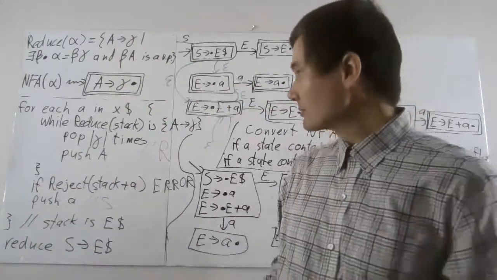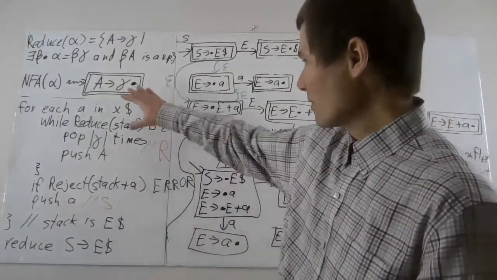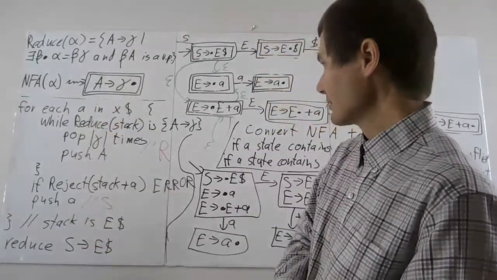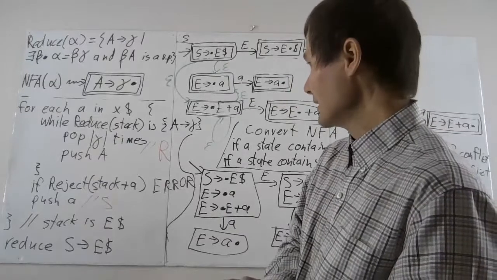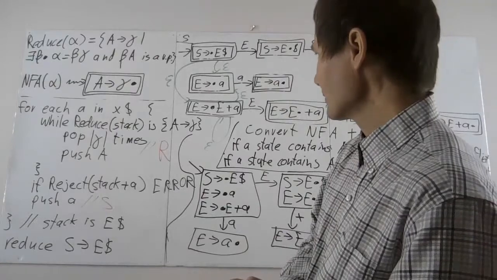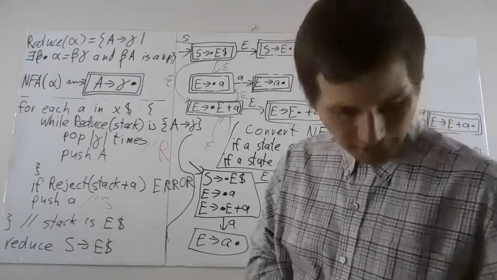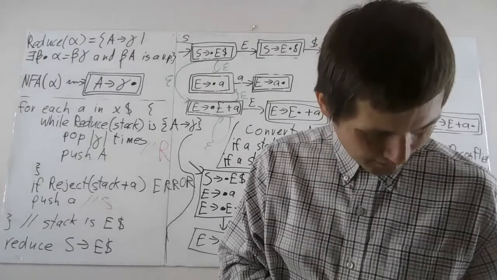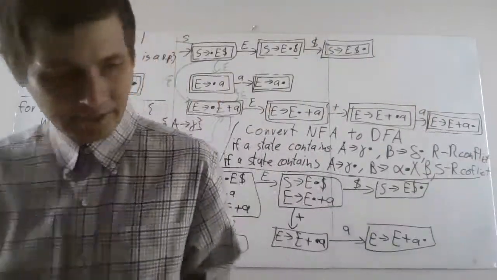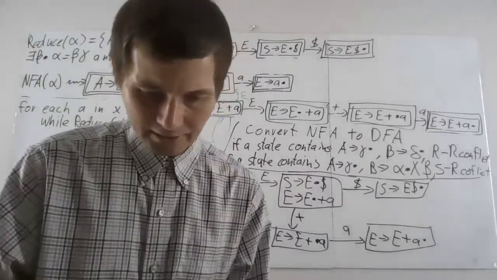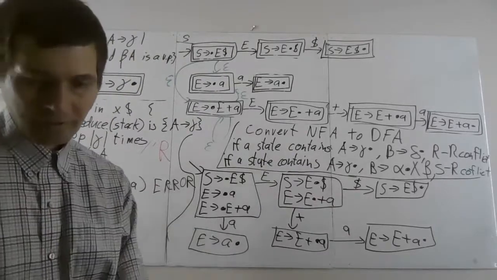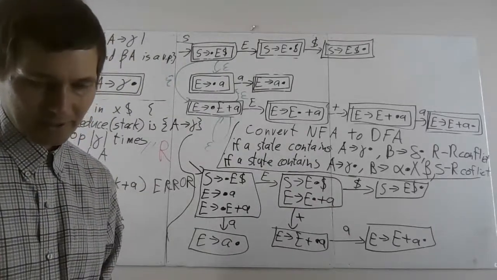right. So I want to do one more optimization to this algorithm that actually runs the DFA, and let's see. Well, maybe before that, let's quickly do an example of parsing a particular input stream.